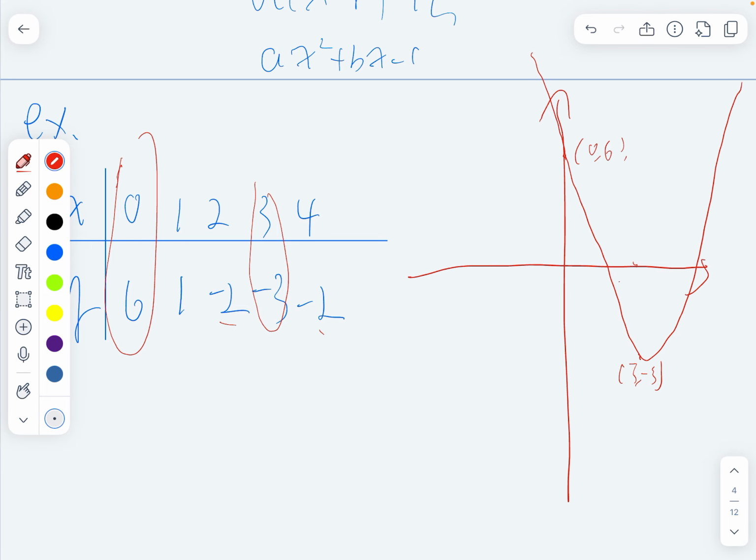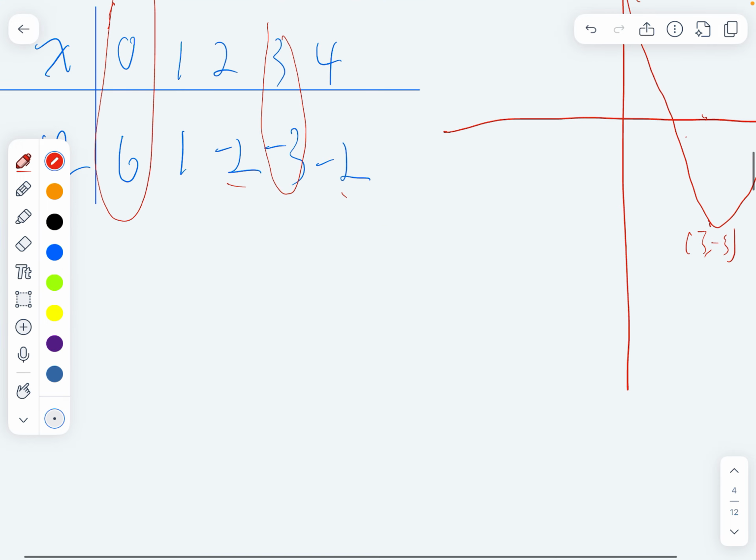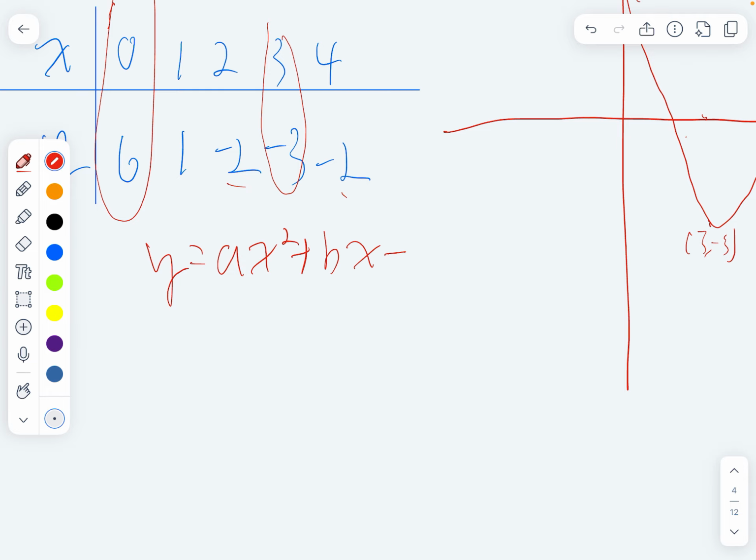So in a general way, how do we solve the relations? You can use the general form, y = ax squared plus bx plus c. We just plug the two numbers in, and we solve the equation system.